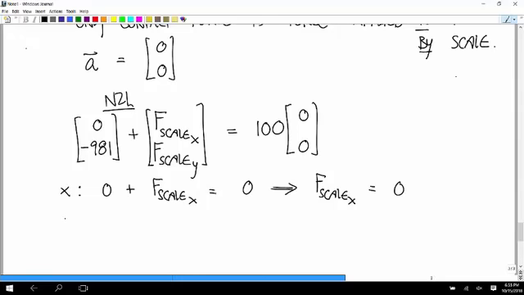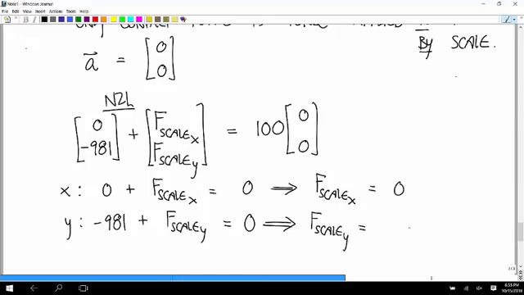And then the Y equation says negative 981 plus F scale Y is equal to 100 times 0. And so F scale Y component is positive 981 newtons.